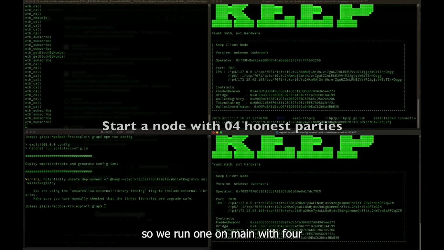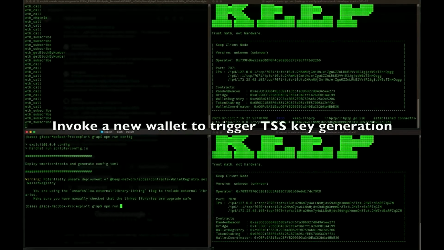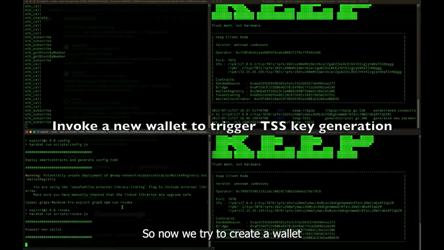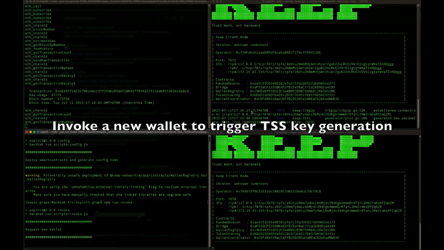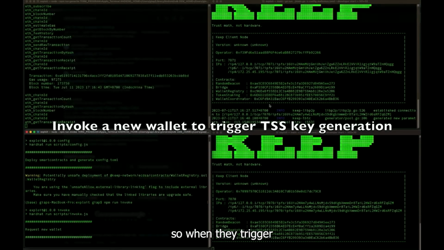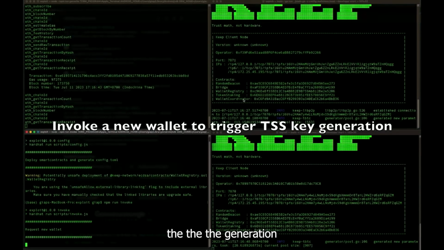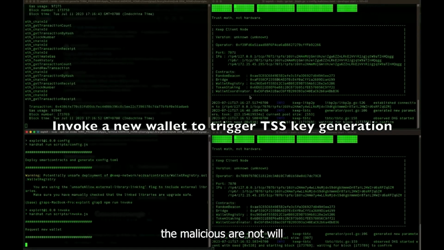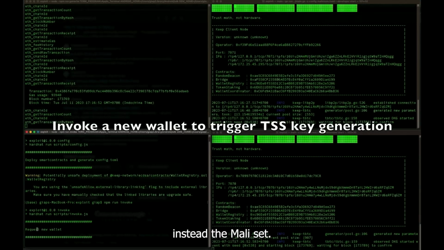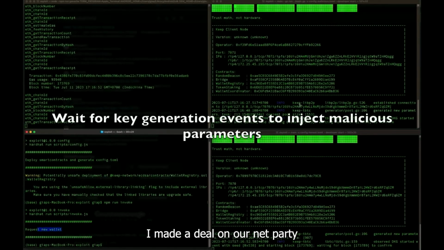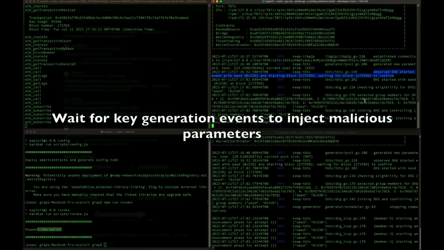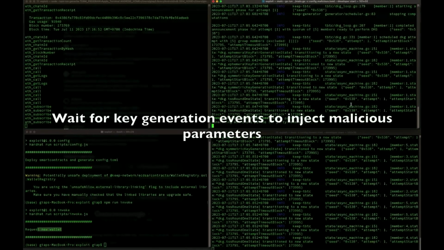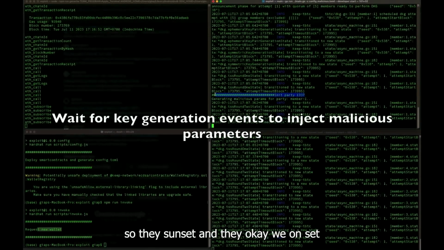So we run one malicious node with 4 honest parties. Now we try to create the wallet. When they trigger the TSS key generation, the malicious node will inject the malicious parameter into all honest parties. So it's set, okay, we are set.